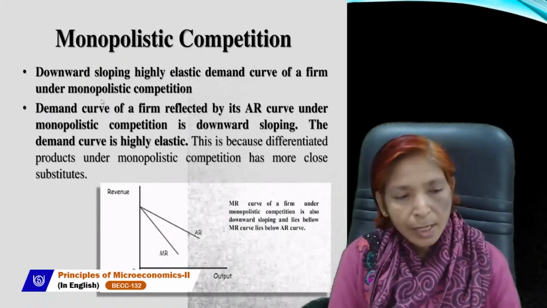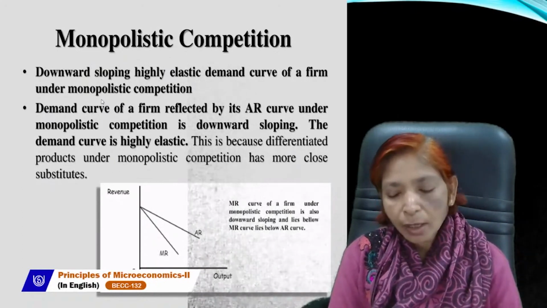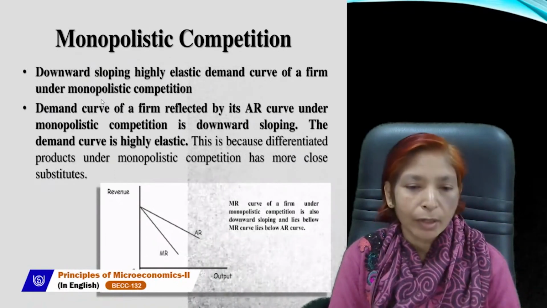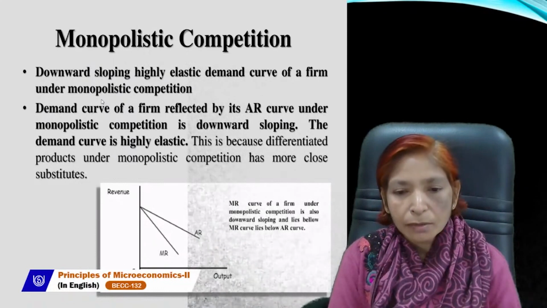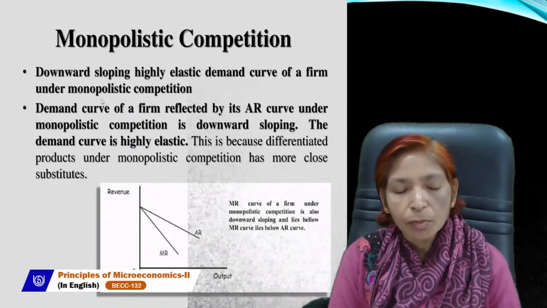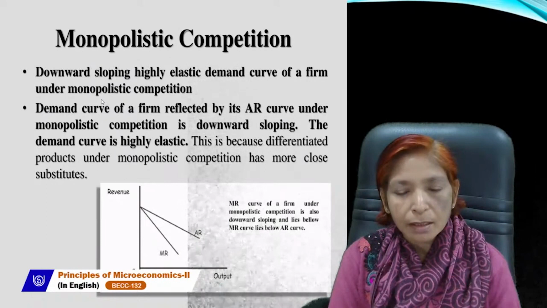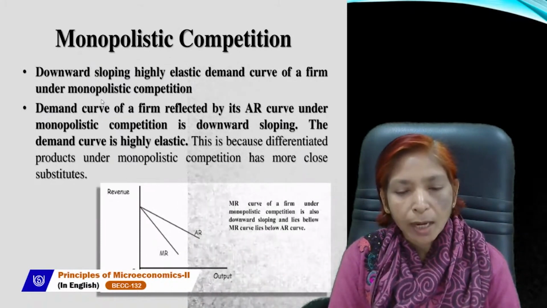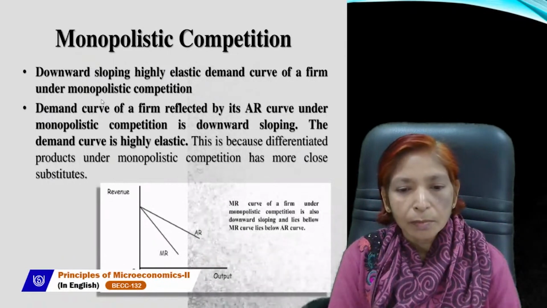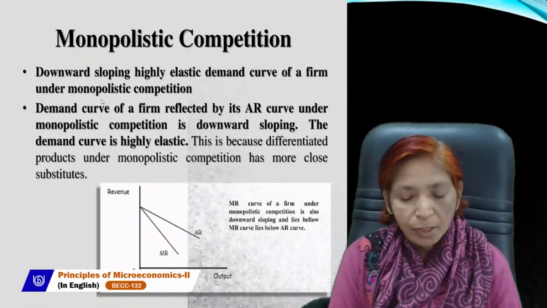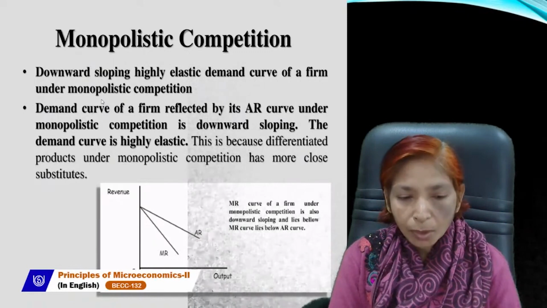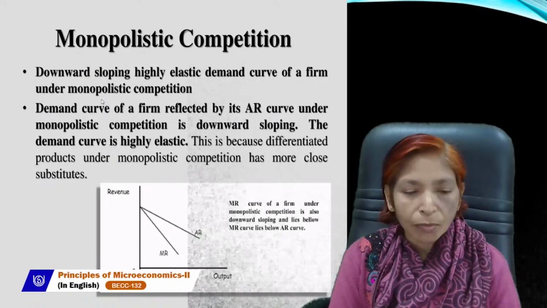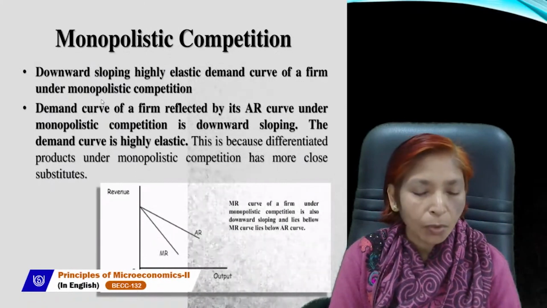In these diagrams, always write output on the x-axis and revenue on the y-axis. The MR curve of a firm under monopolistic competition is also downward sloping and lies below the AR curve. MR always lies below the AR curve. So AR is downward, MR is downward and lies below AR.